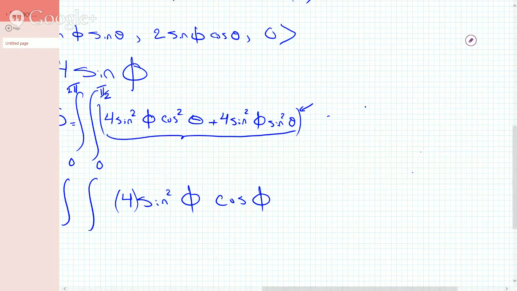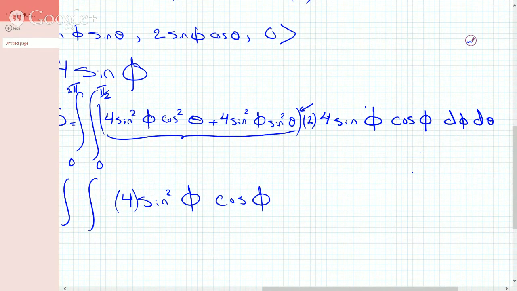Okay, so the cross product term turned out to be 4 sine phi, and then we got a cosine phi times 2. So let's put the 2 here, and then we have d phi d theta.